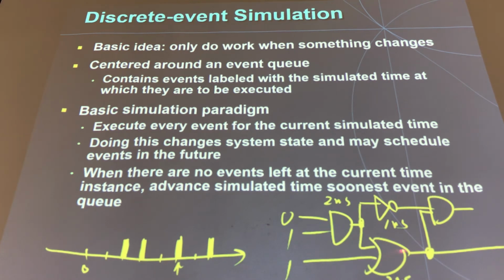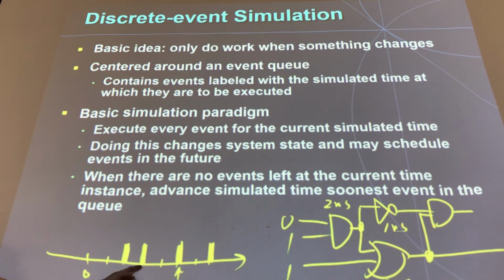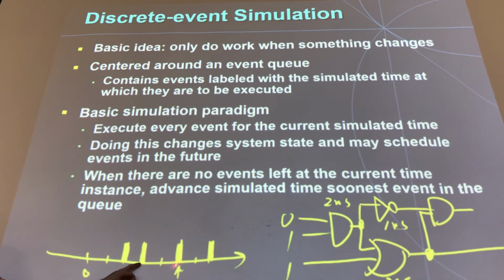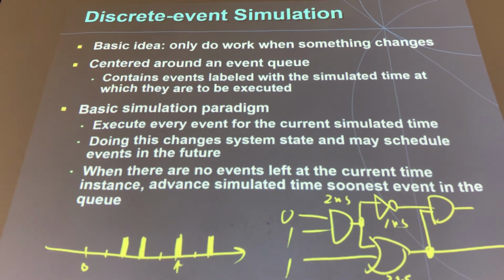And when these 2 are available, they trigger the AND gate event. When there are no events left at the current time instant, the next event in the queue is taken. When this is done, the next one will be here. This done, the next one will be 2 nanoseconds after it, here, here, until everything is done.